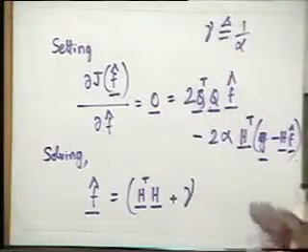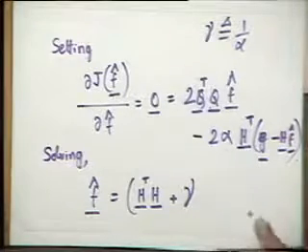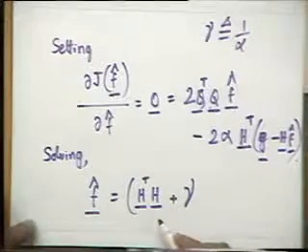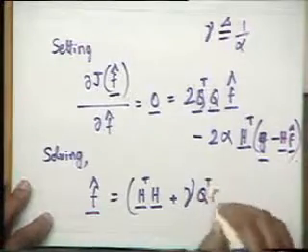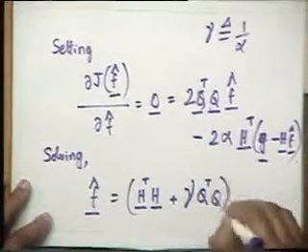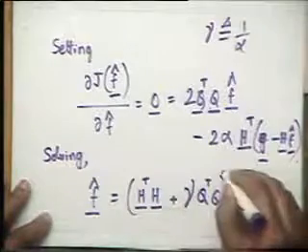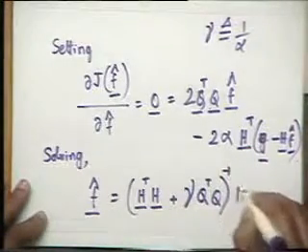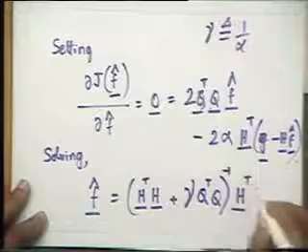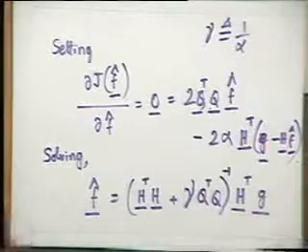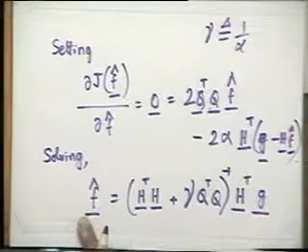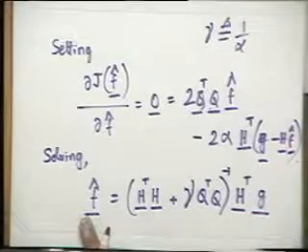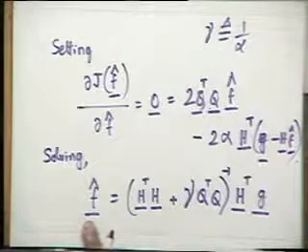So in place of writing 1 upon alpha, I am writing gamma) so H transpose H plus gamma Q transpose Q, this entire thing within the parenthesis, inverse, H transpose g.